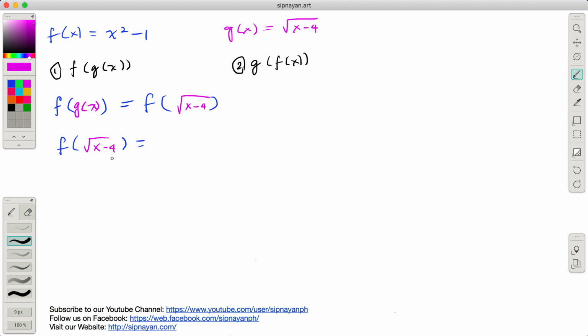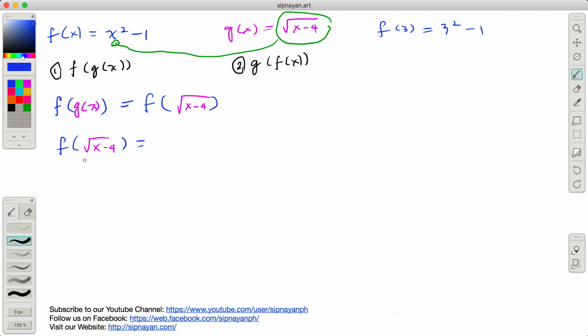So, since ito yung input natin, ibig sabihin itong part na to must be substituted dito. Parang f of 3 ka, di ba? Pag nag-f of 3 ka, kung ano yung nasa loob dito, yun ang isa-substitute mo doon sa x, di ba? So, 3 squared minus 1.